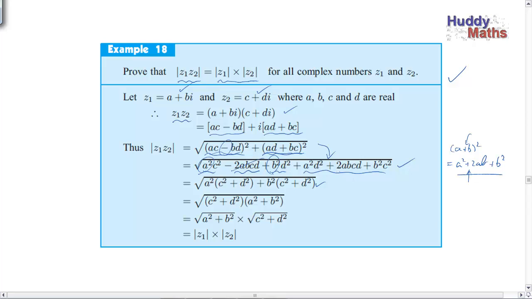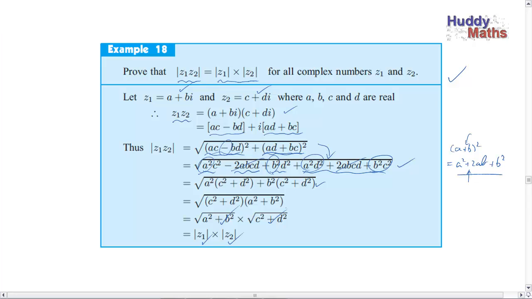These cancel out, and package them up: a squared c squared plus a squared d squared, b squared d squared plus b squared c squared. So we can factor that c squared plus d squared out, and then of course you've got the square root of c squared plus d squared by the square root of a squared plus b squared there, which are the two individual moduli multiplied together. So it's just a matter of juggling terms. So we've proven the first case.